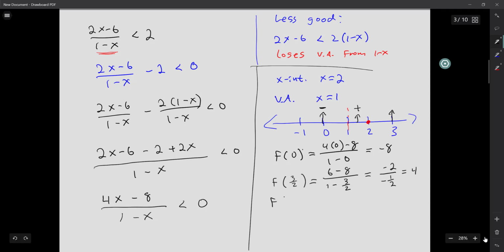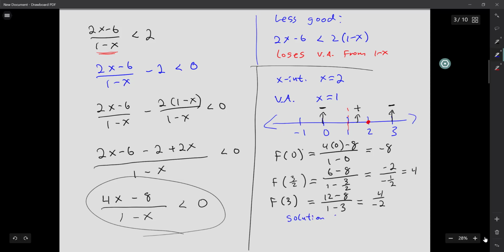And lastly, f of 3 will give us 12 minus 8 on top and 1 minus 3 on bottom, which is 4 over minus 2, which is negative. So I'm looking for when this guy is less than 0, giving me the solution set. Let's see, I want less than 0, so I want negative parts from here.